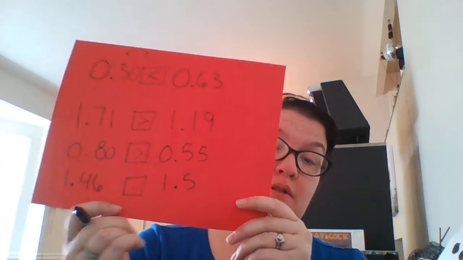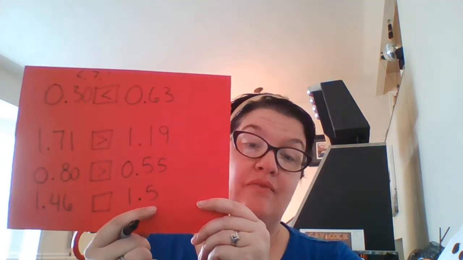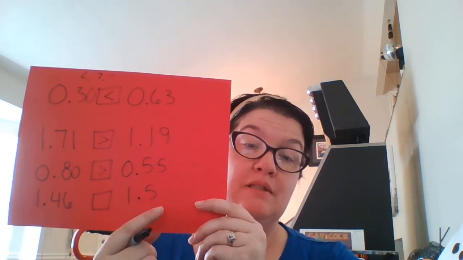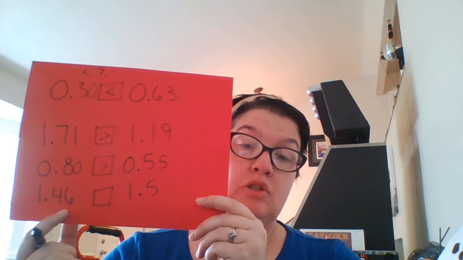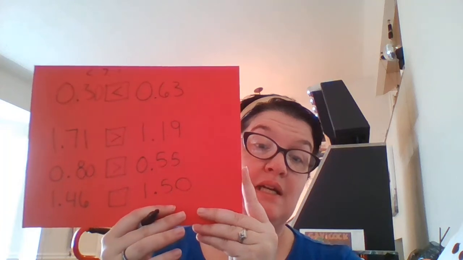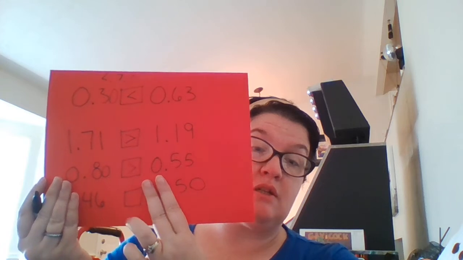And this last one, 1 and 46 hundredths, 1 and 5/10. The whole number is the same, so we are going to compare the decimals. There's 2 spots after this one, only 1 after this one. Let's change that. So now we have 1 and 46 hundredths and 1 and 50 hundredths. We compare 46 compared to 50, the greater number is 50.